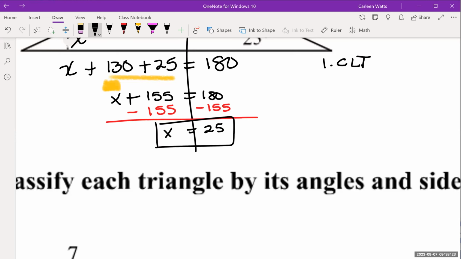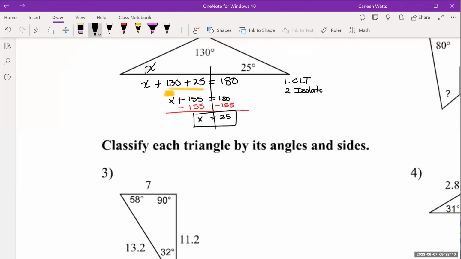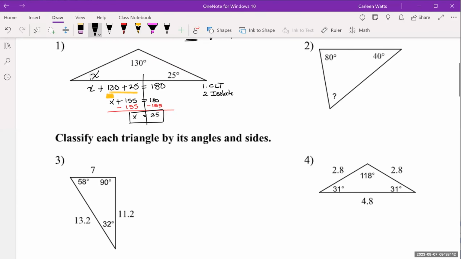Okay, so we solved for x. We did combine like terms, and then we isolated our variable. Because it was adding 155, I did the opposite. I subtracted 155. Okay, that's how you do number 1.